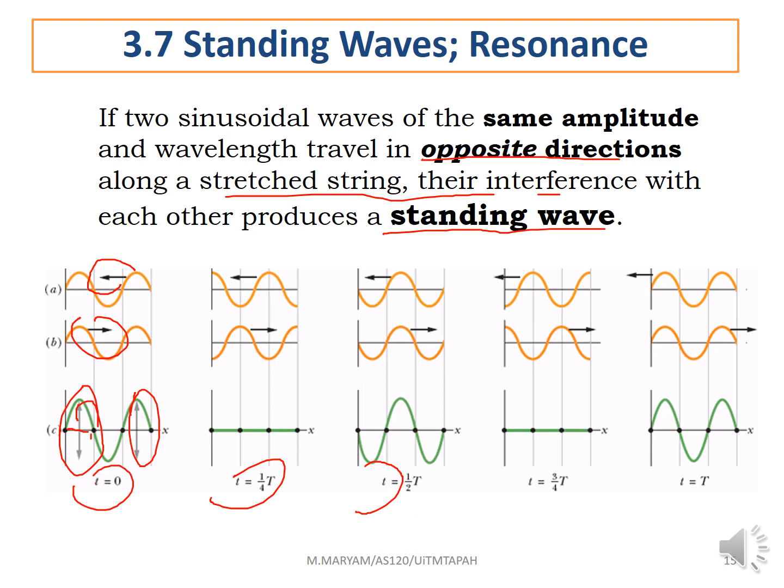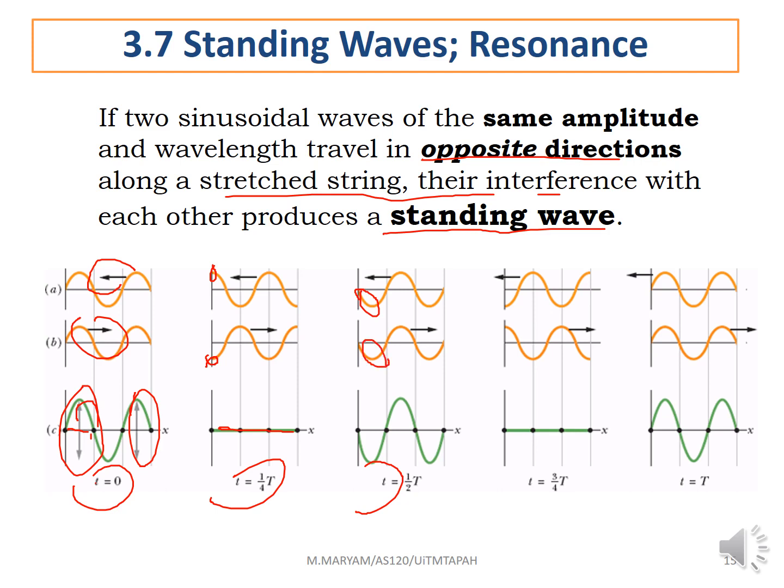It differs with time, as you can see. For time equal to 0, this is a standing wave, and at time of 1/4 period, this means that when a crest meets a trough, it will flatten. The standing wave will flatten.